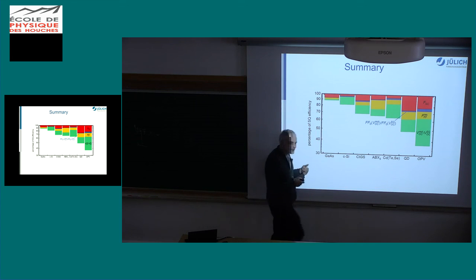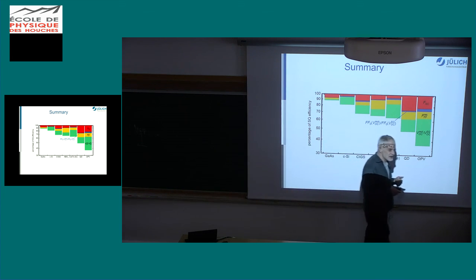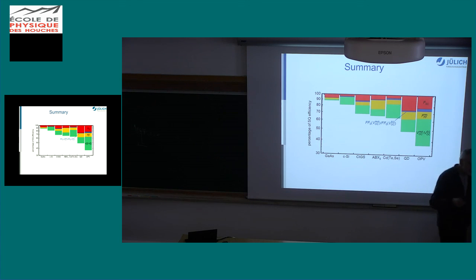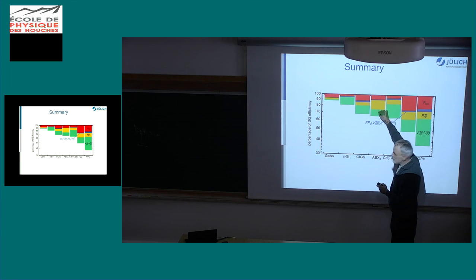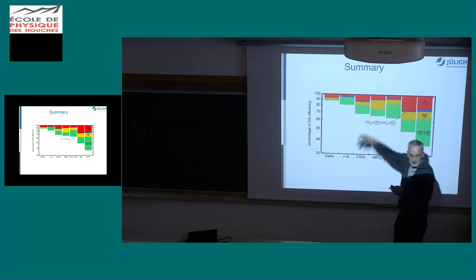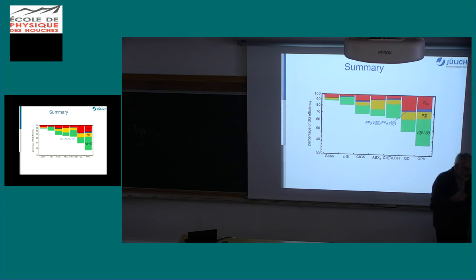You see that the technology is not very mature in the sense that everything is converging to the same thing. You have a lot of perovskite solar cells with very similar efficiencies, but some of them have that one very small and that one very large, and the other way around. So there is still a lot of development, and I think it's only a matter of time until perovskites catch up with the others.